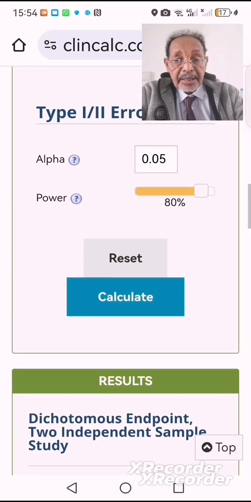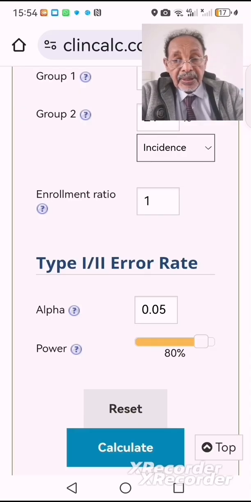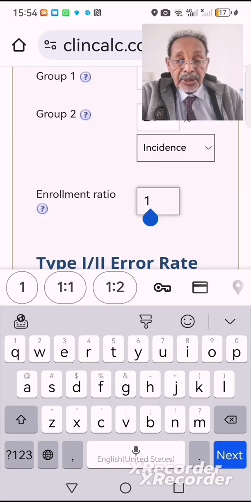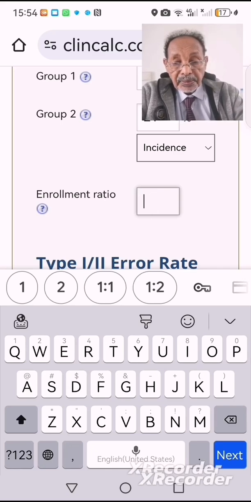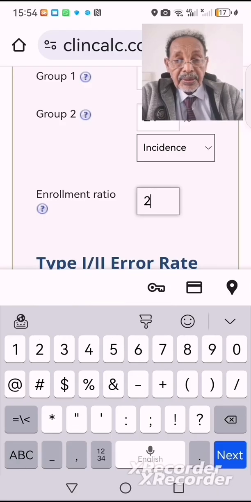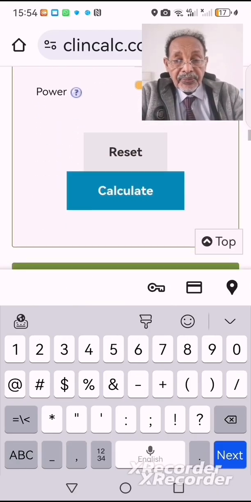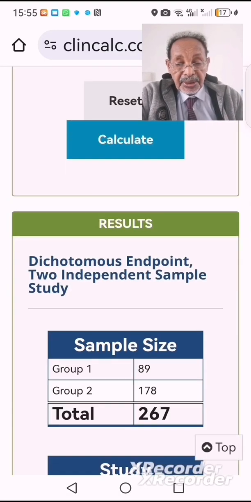If we go back and make the group ratio 2:1, so we will make this 2, and we calculate again, the ratio will be 89 for group 1, probably laparoscopy, and 178 for group 2. And the total is 267.